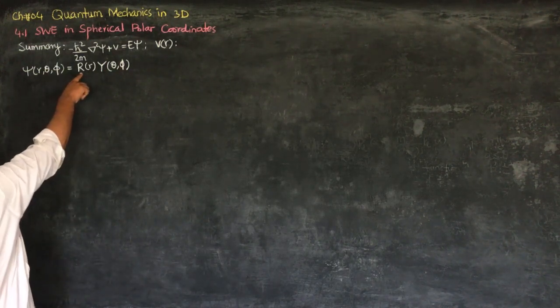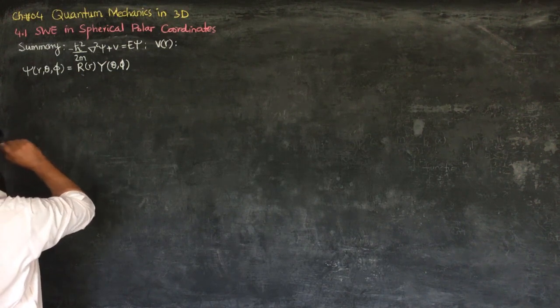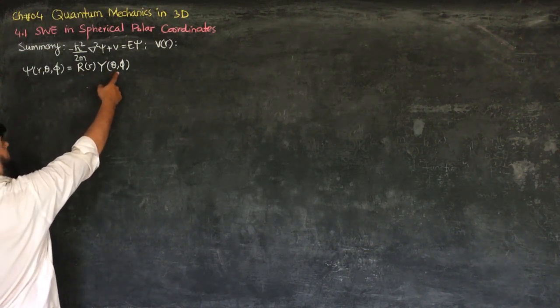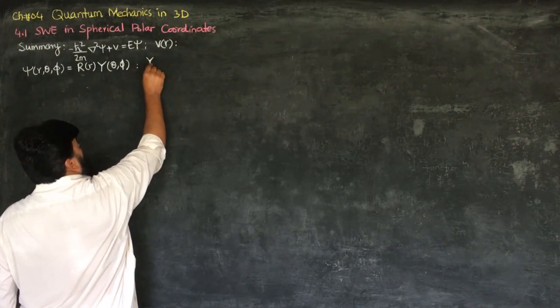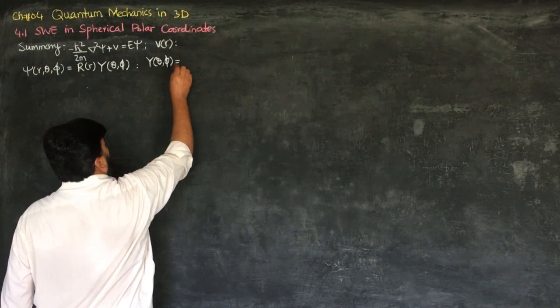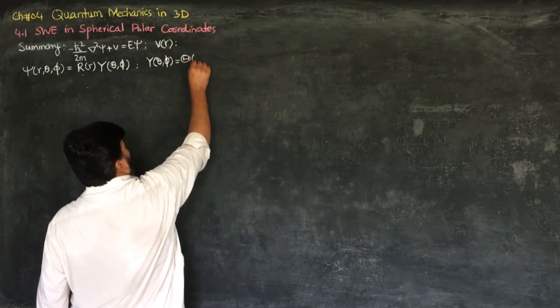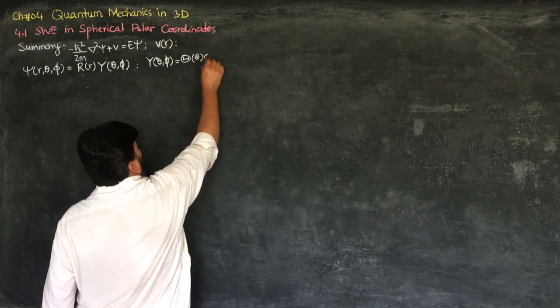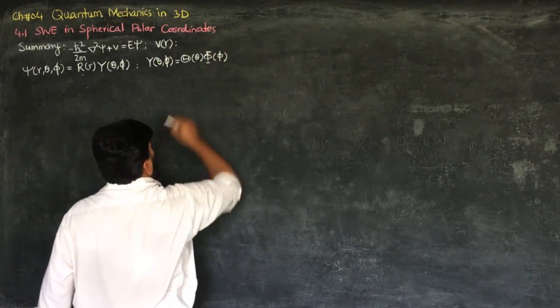As a result of this separation of variables, we got a radial equation and an angular equation, and that angular equation, in terms of θ and φ, we further split into a wave function that depends on θ and a wave function that depends on φ only.